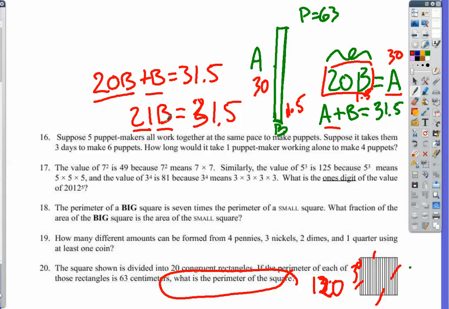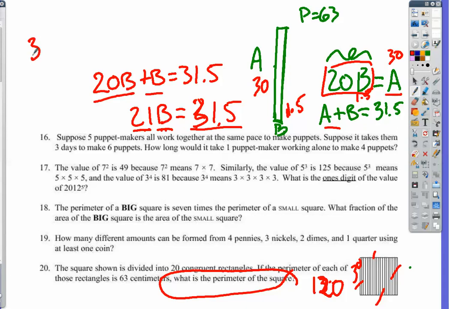Well, I'm multiplying 21 and b, and I'm getting 31.5. How would I go about doing that? Well, what's the opposite of multiplying b by 21? Dividing by 21. So if I divide 31.5 by 21, would I figure out what b is? Campbell's nodding his head yes.